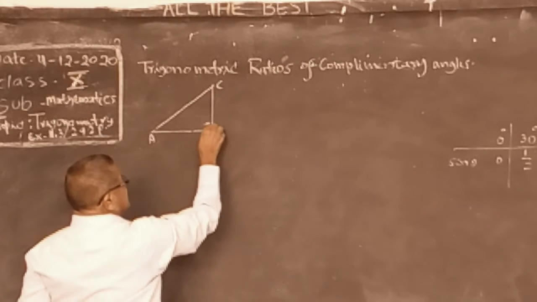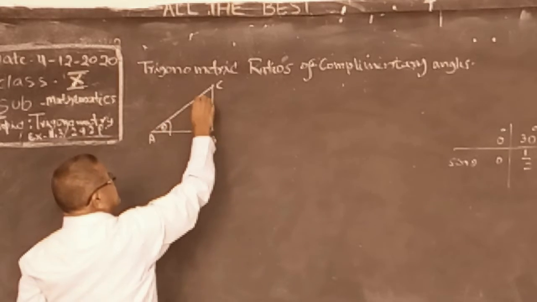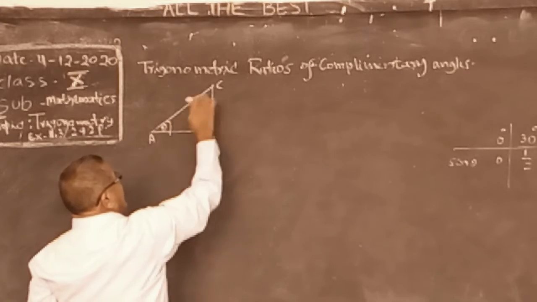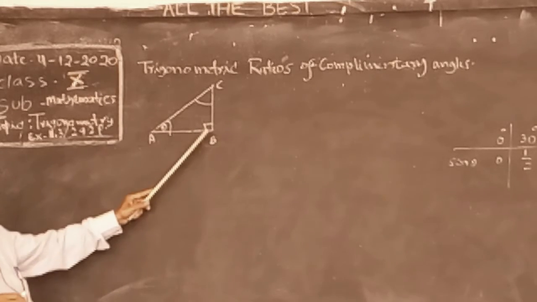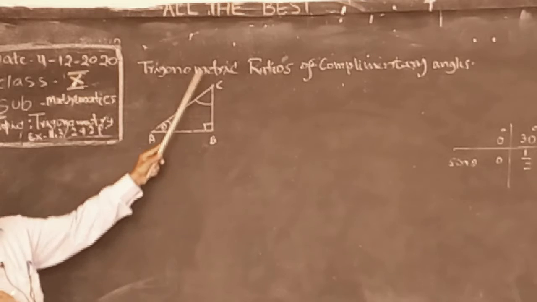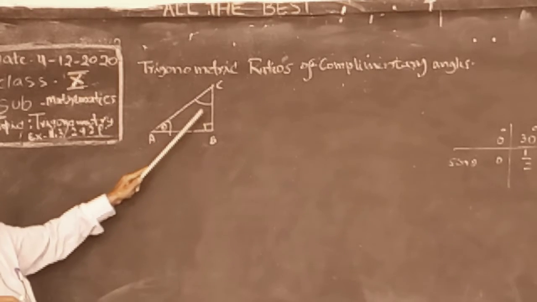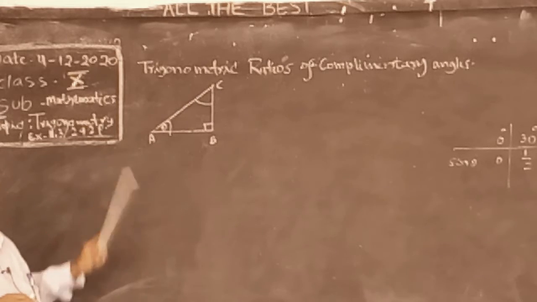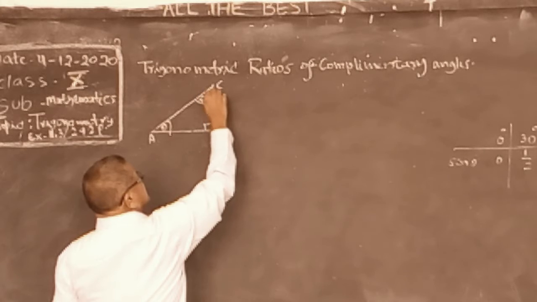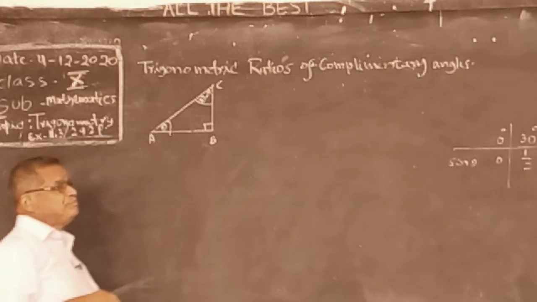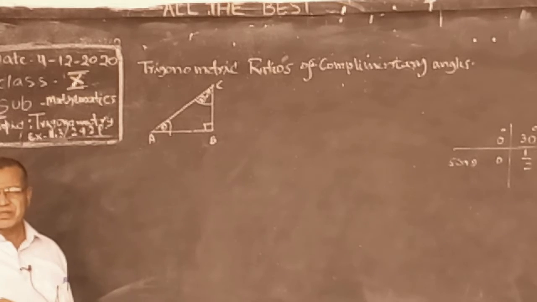If angle B is 90 and this is theta, then the sum of angle A and angle C is 90, because the sum of the angles in a triangle is 180 and only one angle is 90. The sum of these two angles is 90. So if this is theta, this is 90 minus theta.